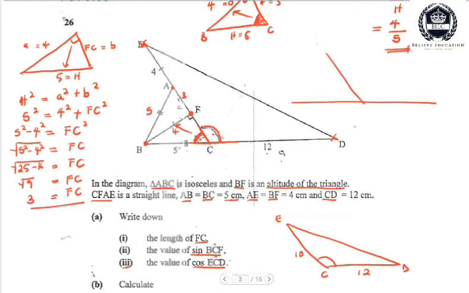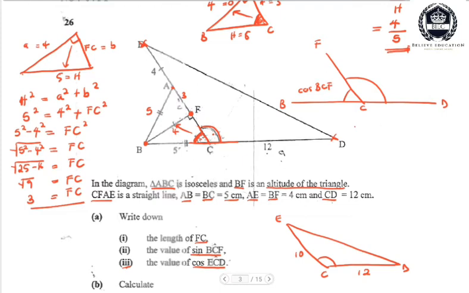Let me just put it to be clear here, and let me say F, and then B, and then here I have my C, and then my D. So we have here the acute, and we have the obtuse. So this will be cos BCF, and it's acute.